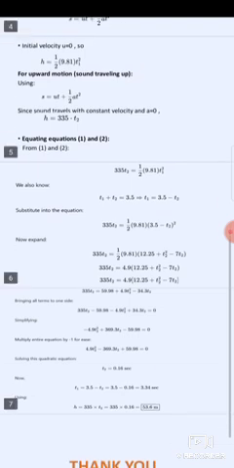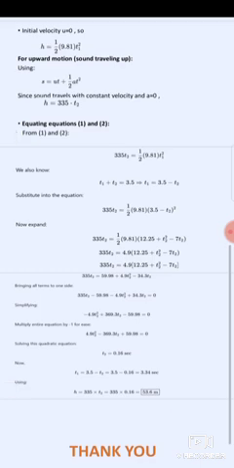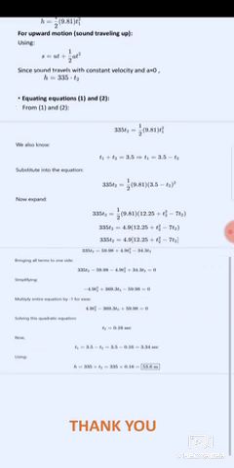From 1 and 2, 335 t2 is equal to 1 by 2 into 9.81 into t1 square. We also know t1 plus t2 is equal to 3.5, so t1 is equal to 3.5 minus t2. Substitute into the equation: 335 t2 is equal to 1 by 2 into 9.81 into (3.5 minus t2) whole square.